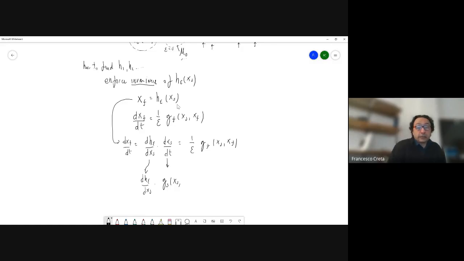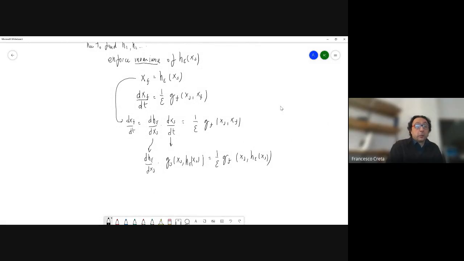So we're going to write dh epsilon/dx_s times g_slow equals 1 over epsilon g_f, evaluated at x_s and h epsilon of x_s. Again, we know that this function is a regular perturbation, so it has all these terms: h0, h1, etc.